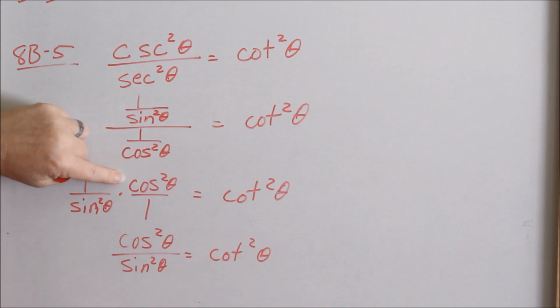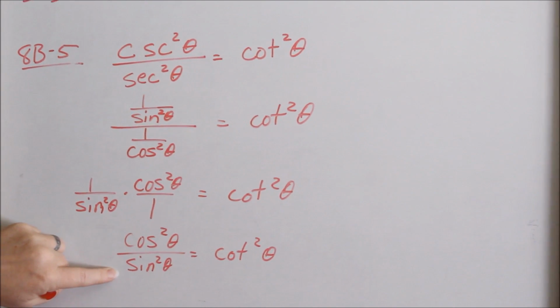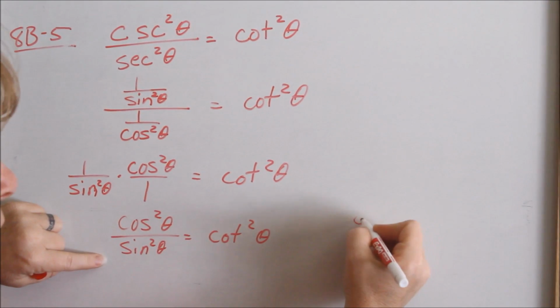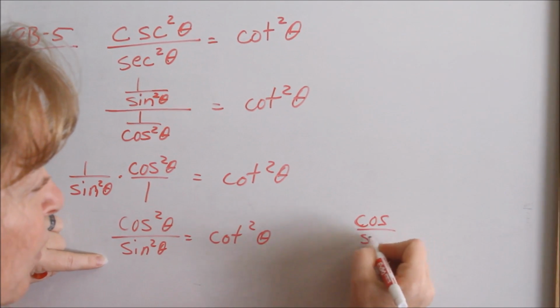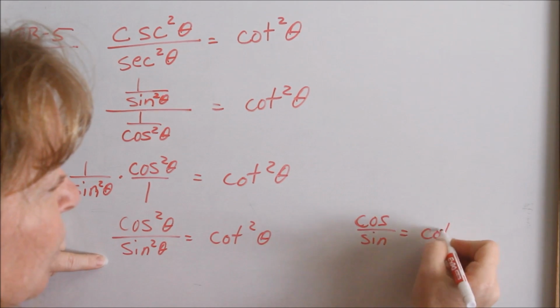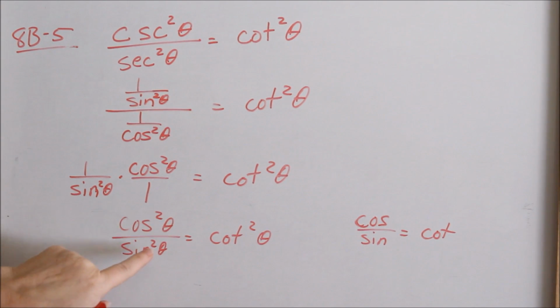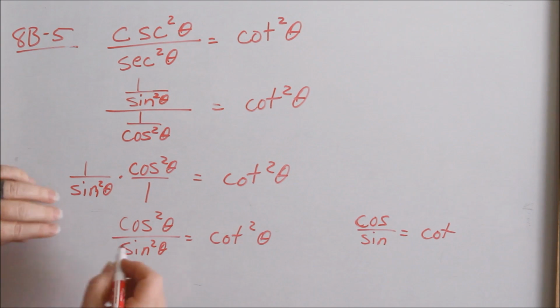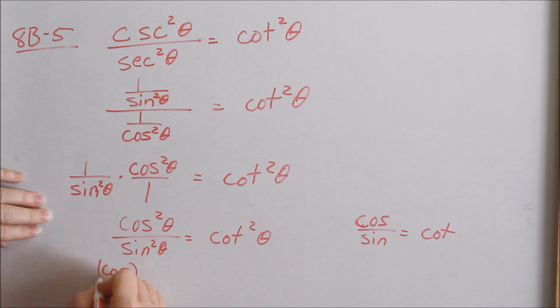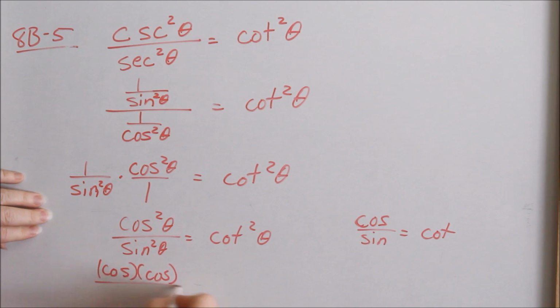What is cosine over sine? From the trig identities, cosine over sine is equal to cotangent. And since they're both squared, then cosine squared over sine squared is equal to cotangent squared. Because this is the same thing as saying cosine times cosine all over sine times sine.